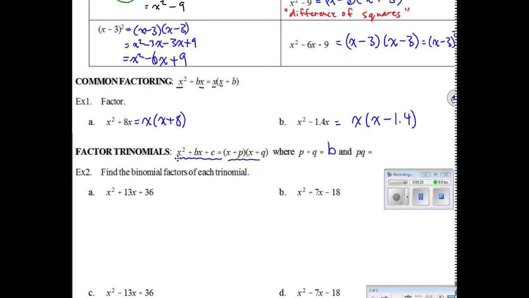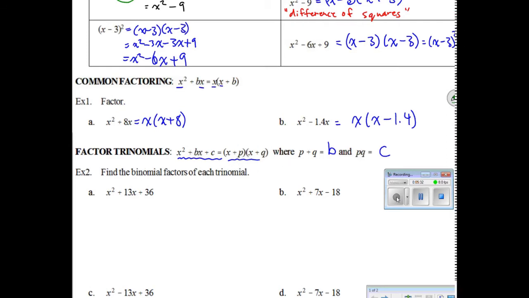We're looking for a p and q that add to b and multiply to c. If we can find two numbers that add to b and multiply to c, and they're both p and q, then guess what? We can calculate the factored form of our trinomial.